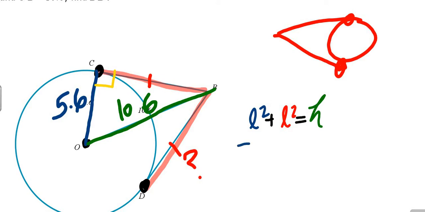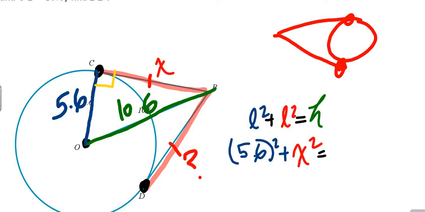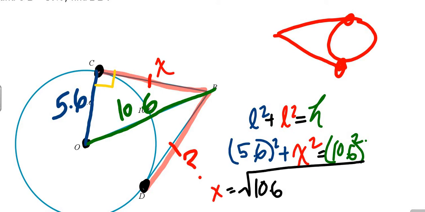So I have one leg is 5.6 squared plus the other leg, which we don't know, is x squared equals the hypo, which is 10.6 squared. So to get x, that's going to be the square root of 10.6 squared minus 5.6 squared.